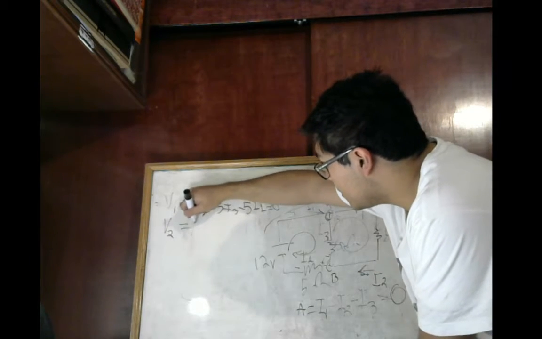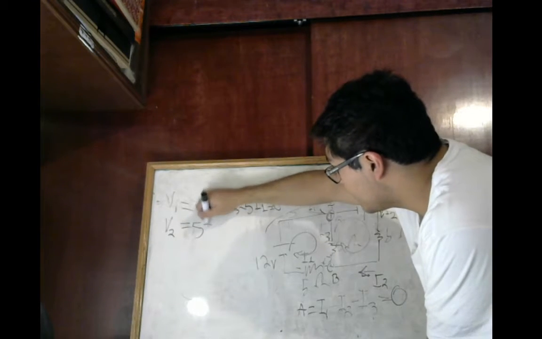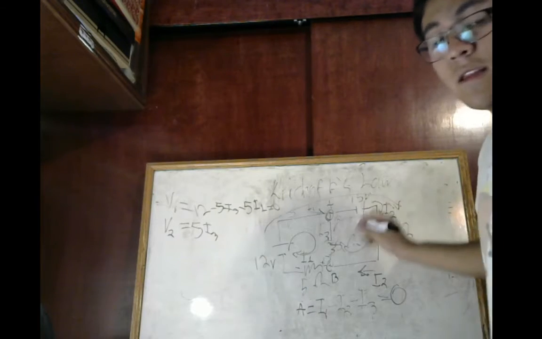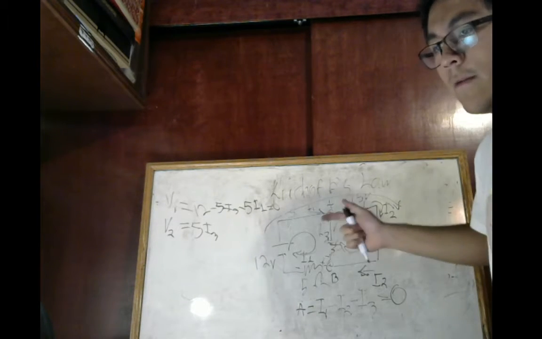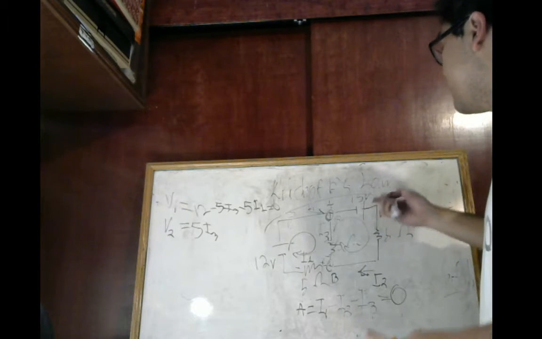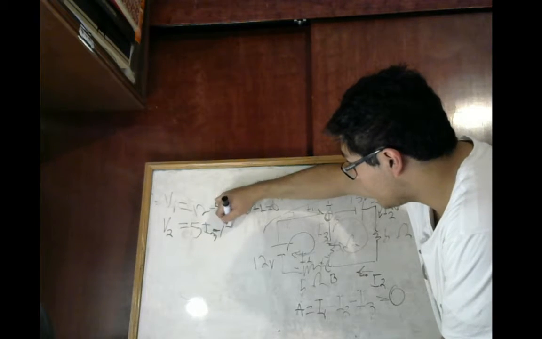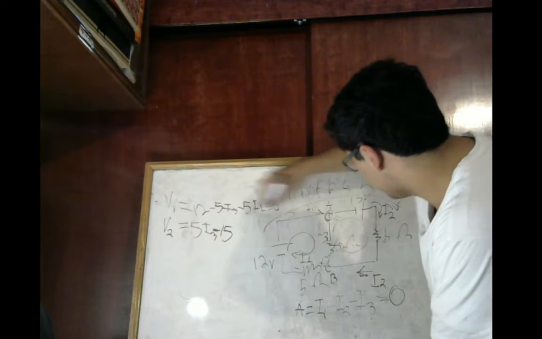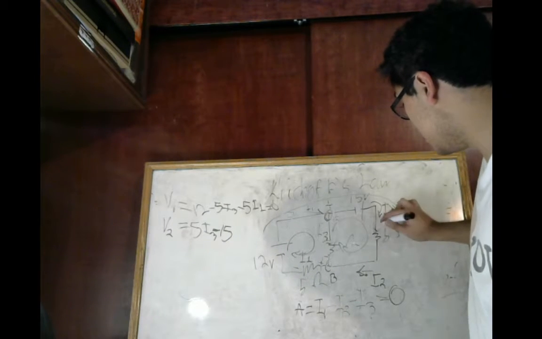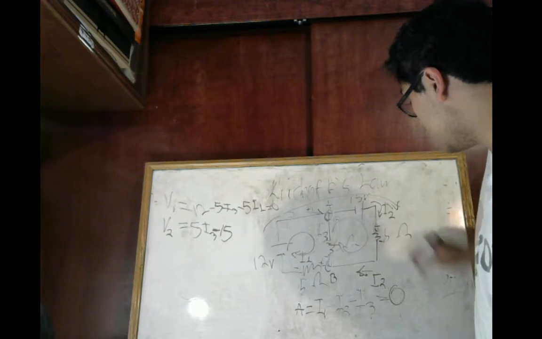Now it would be plus 5 times I3. This is pretty interesting. What happens here is that you pass a battery inverse. So what you would do is raise the value of the battery. So it would be minus 15 volts, and it would be again from plus to less, plus to less, yeah.